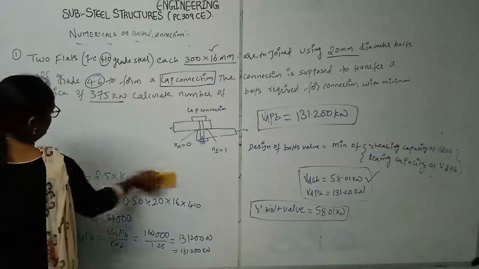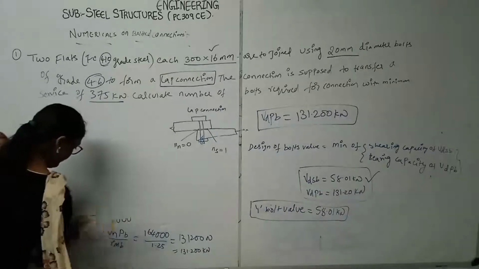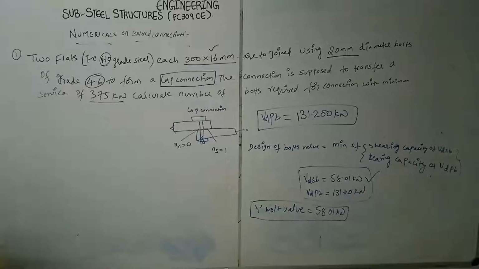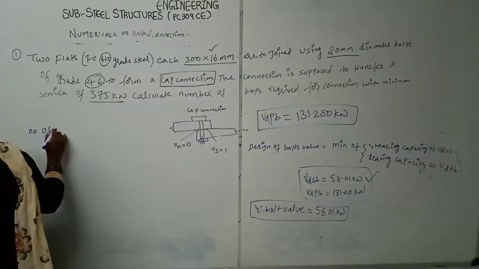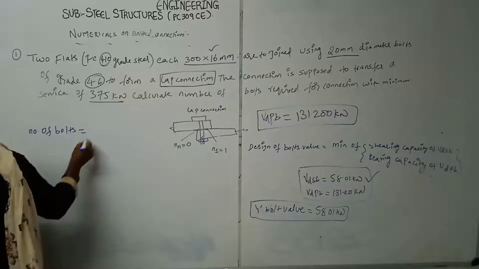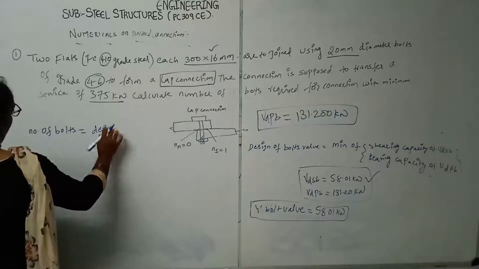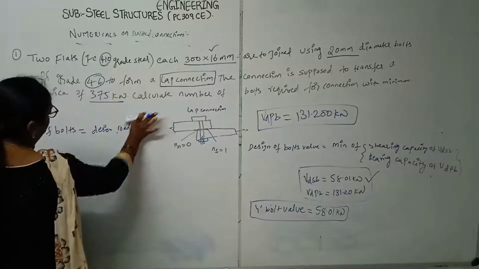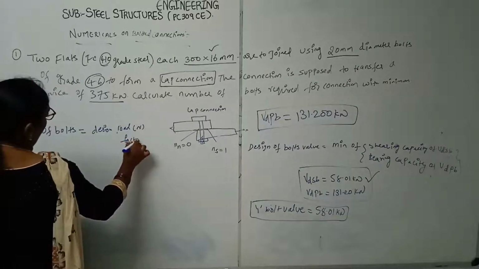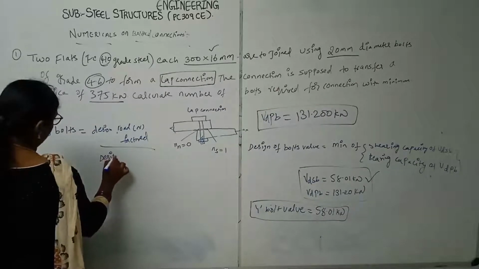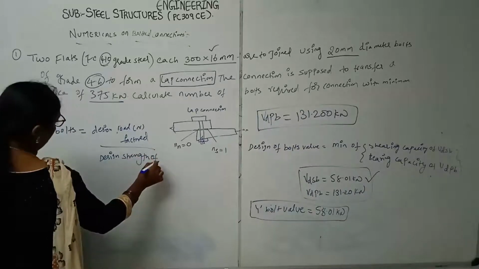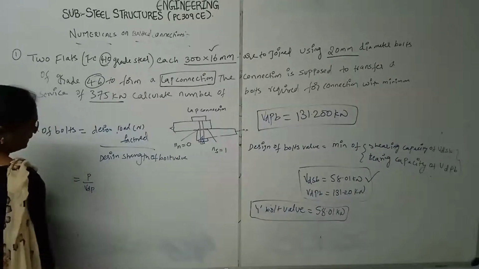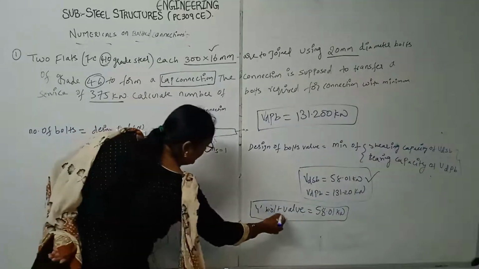Number of bolts is equal to the factored load by the design strength of the bolt value, so P by VDP.